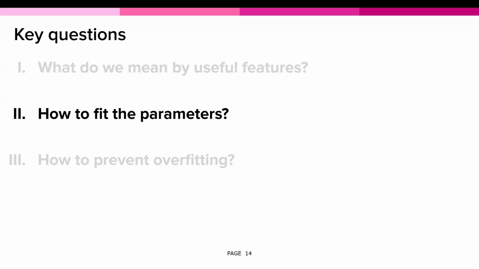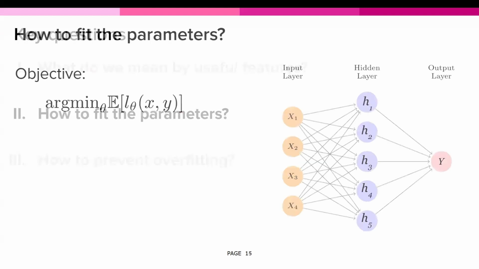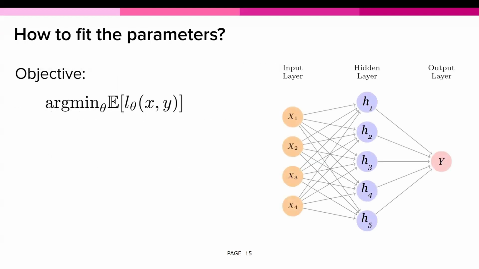But now we'll get into how do we actually learn what the parameters are? How do we fit the parameters? And so in general, as with any problem, we're interested in minimizing some loss function, or minimizing the expectation of some loss function between our input data and our output or response.